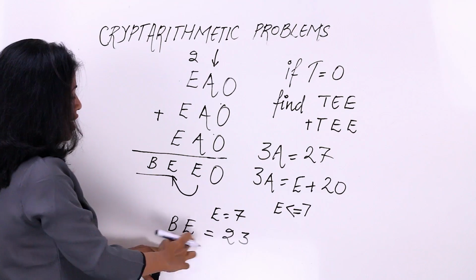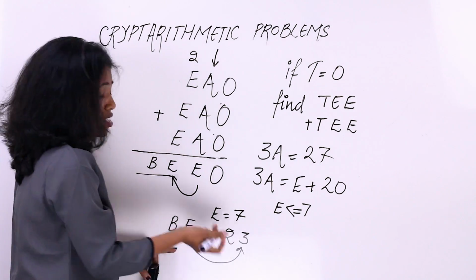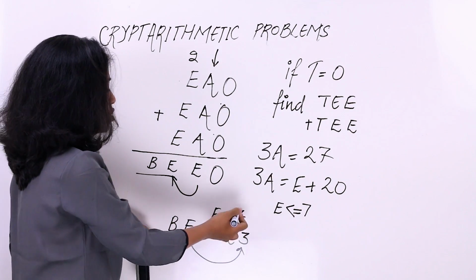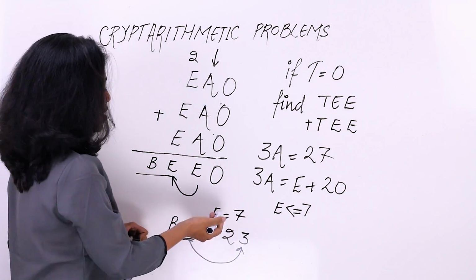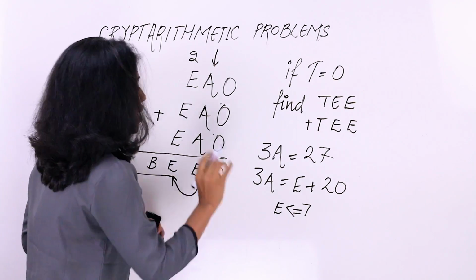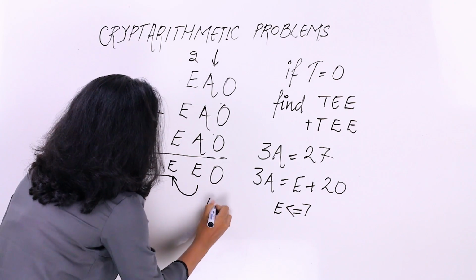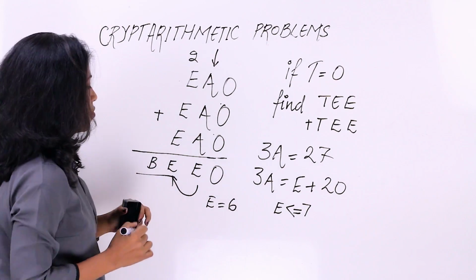Now, if the sum is 23, we know that the total sum has to be BE, which means we are saying BE is equal to 23, wherein E has the value of 3. But just now we have taken the assumption that E is equal to 7. So it doesn't hold good, right? Consider the next value. So E is not equal to 7. Let's consider the next smaller value. E is 6.